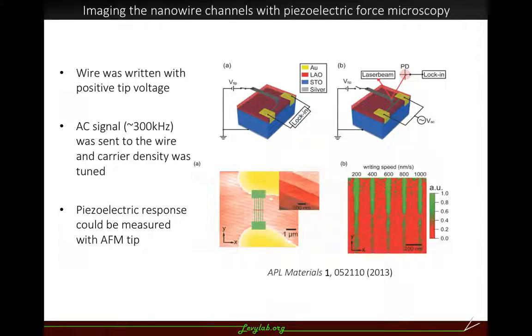The way we prove that is using piezoresponse force microscopy. After we create a nanowire between two interface electrodes, we apply an AC voltage onto it, and we can modulate the carrier density over the channel. This change of carrier density will modulate the topography of the surface as well. In this way, those written areas are visible in the PFM image.